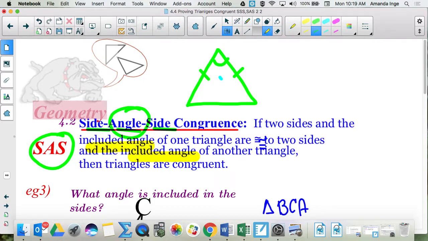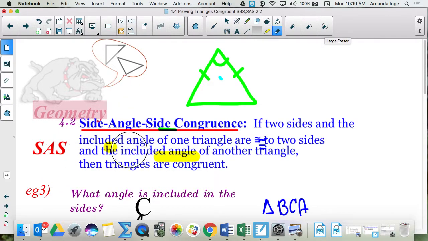Everybody see that? Okay. So this angle is between these 2 sides. If 2 sides and the included angle of one triangle are congruent to 2 sides and the included angle of another triangle, then the triangles are congruent.